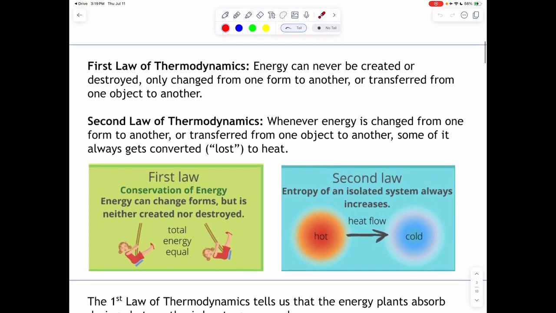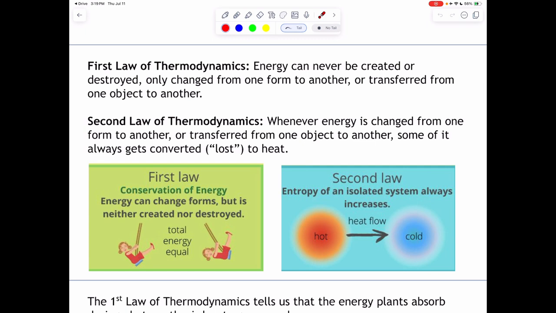All right, now one thing we have to keep in mind are our two laws of thermodynamics. The first law of thermodynamics reminds us that energy can never be created or destroyed. It has to just change from one form to another form, or be transferred from one thing to another. It cannot just disappear.